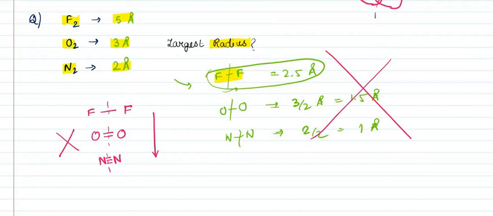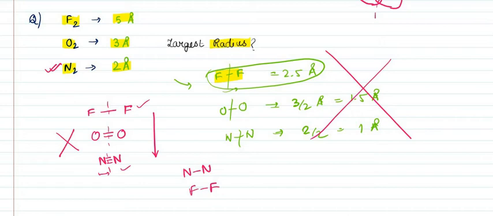You cannot compare the covalent radius of three-covalent-bonded nitrogen with one-covalent-bonded fluorine. We have to compare with 1 bond only. If we compare with 1 bond, you will find out that nitrogen is actually the one which has the largest radius out of all three.